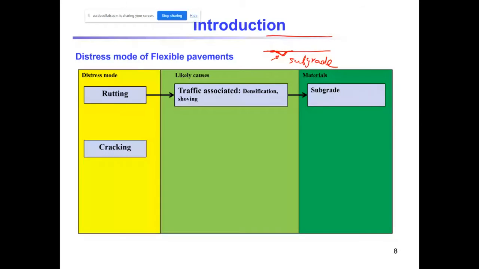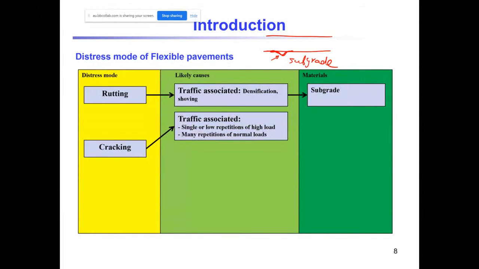The other mode of failure is cracking. And this cracking can be traffic associated or non-traffic associated. For traffic associated, the cracking type or this distress mode is called fatigue. And that's due to the repetition of the load.